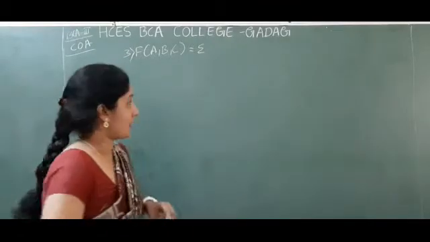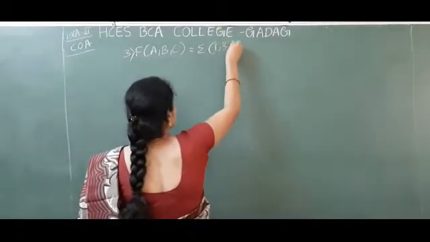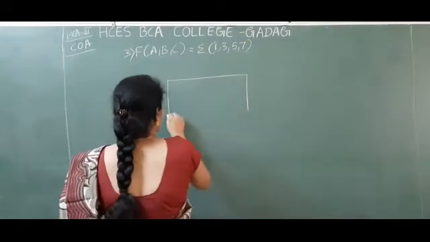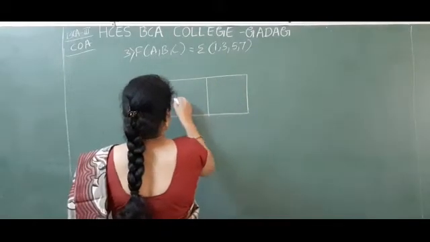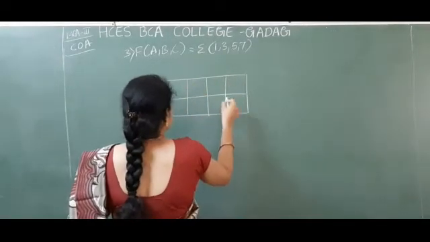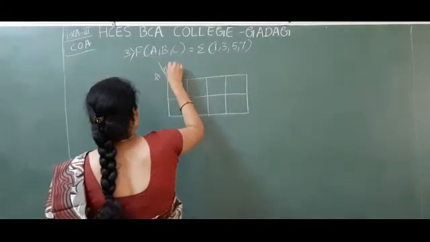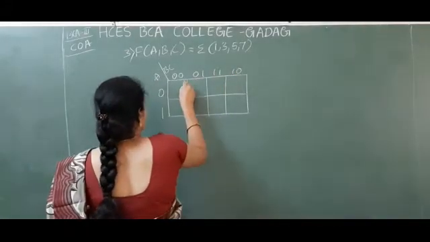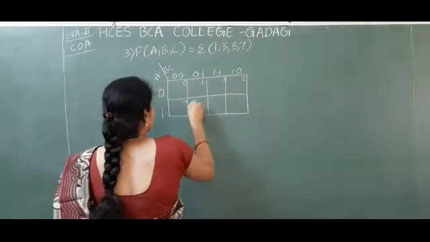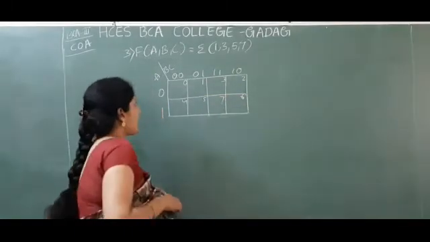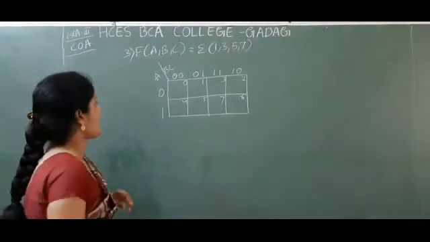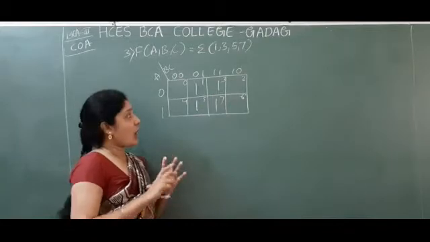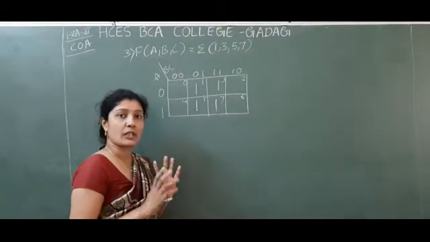One, 3, 5, 7. Okay, now see 1, 3, 5, 7. Now you tell me all these 4 values are adjacent to each other.